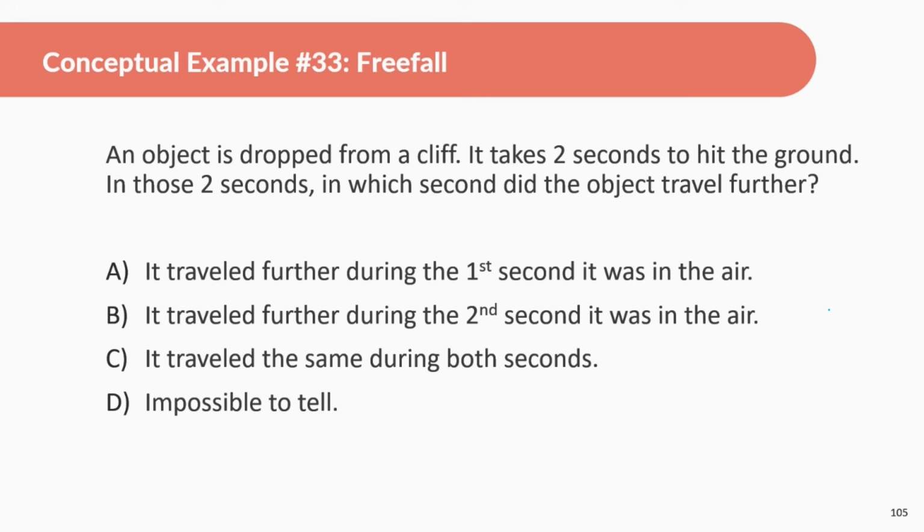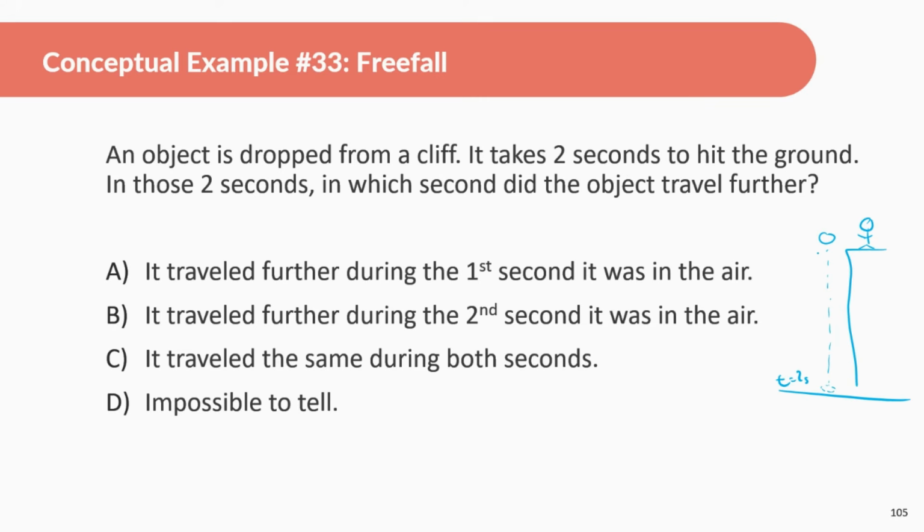So let's first just draw this. Let's say we've got a person here. He's on a cliff. Here's the ground. He drops a ball. The ball takes 2 seconds to hit the ground. So the question is, compared to its first second, did it go further?